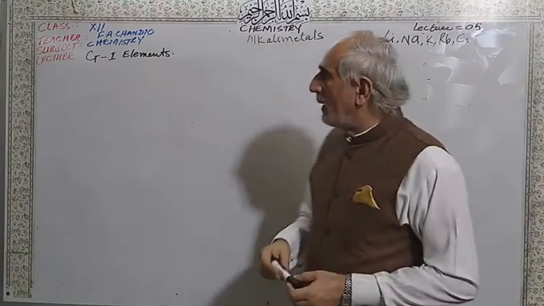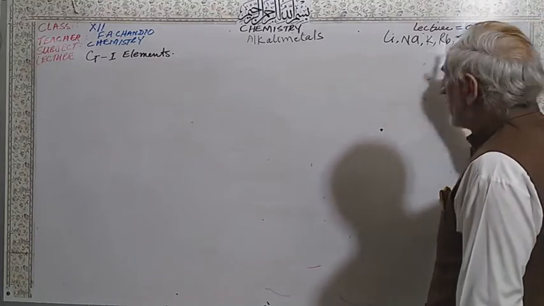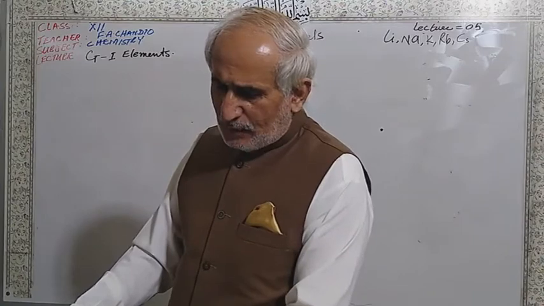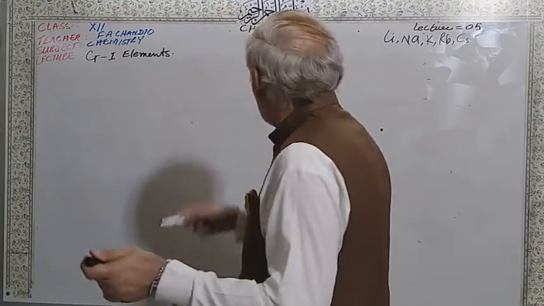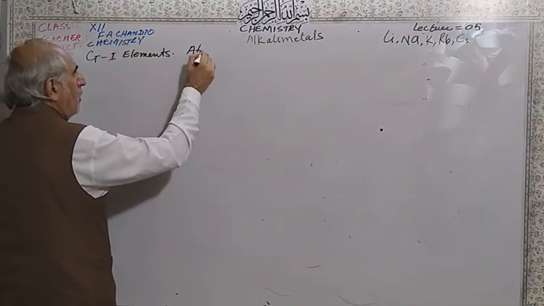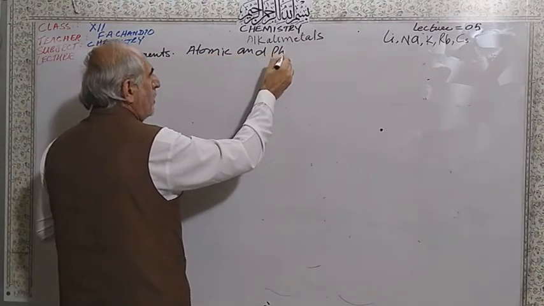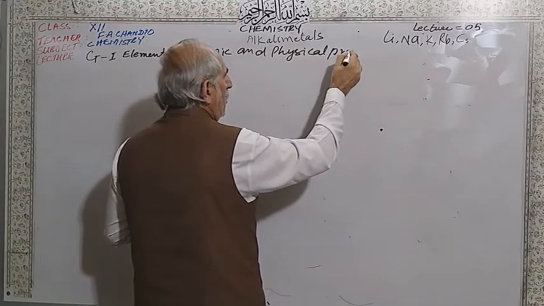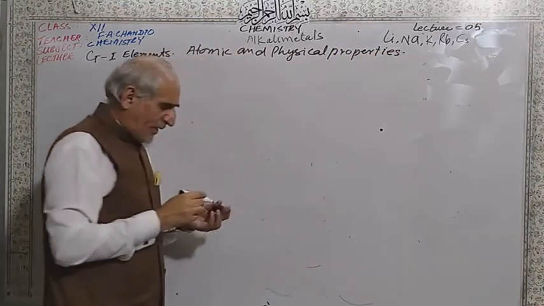So these alkali metals start from lithium, sodium, potassium, rubidium, cesium, and francium. Francium is radioactive, which is not going to be mentioned in your book because it is a radioactive metal.